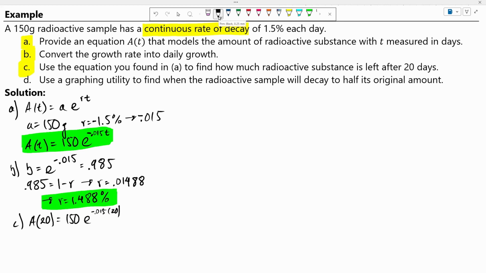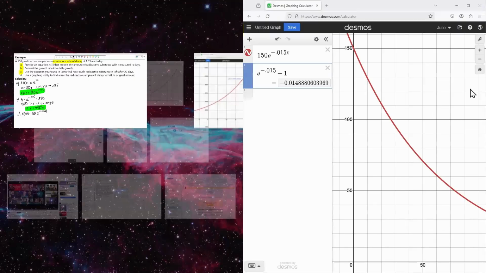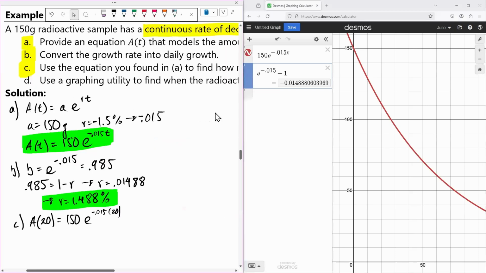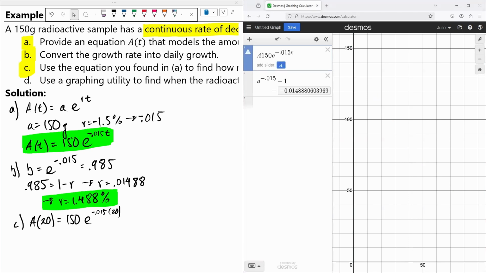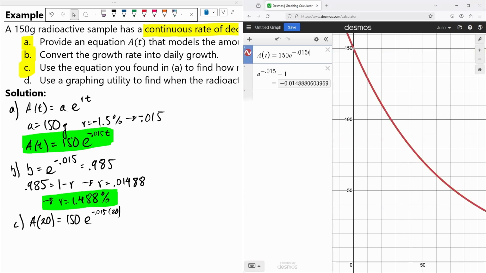I'm going to do it again. I'm going to grab our graph, bring that in. And again, I'm going to do A of t equals. Like I said, it shouldn't matter what you make the variable. Desmos, for the most part, will figure itself out.